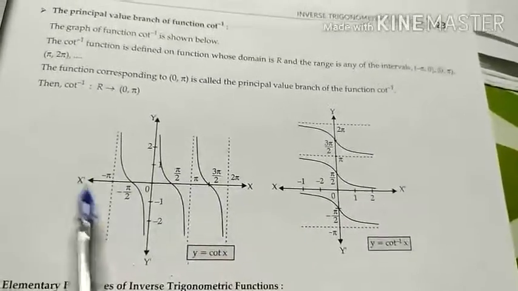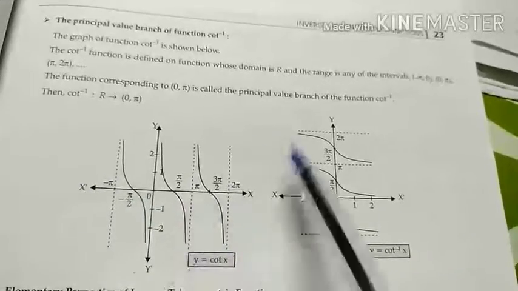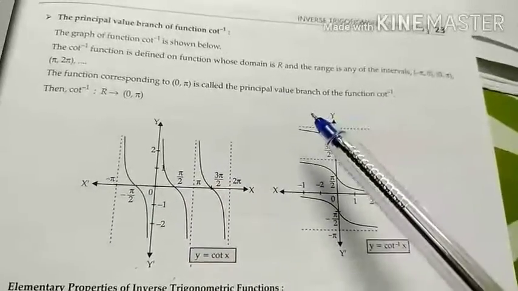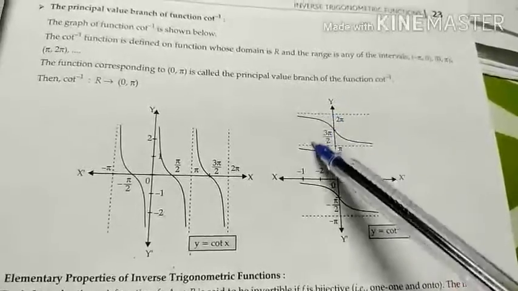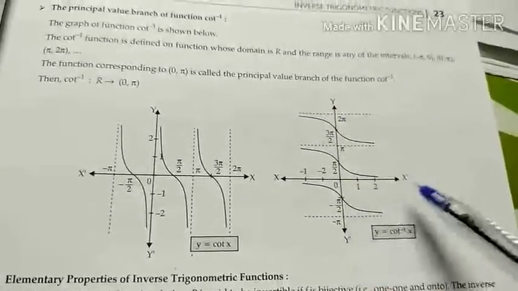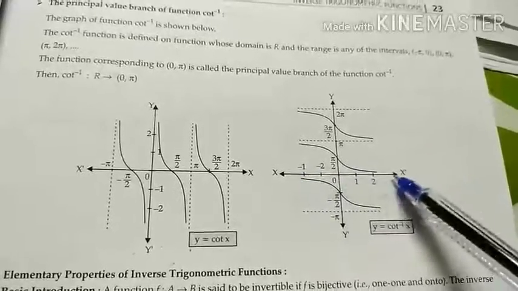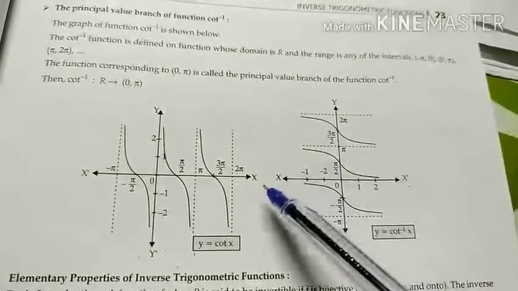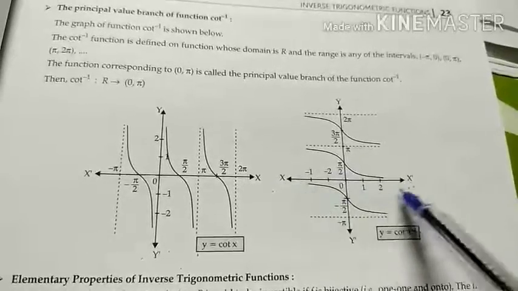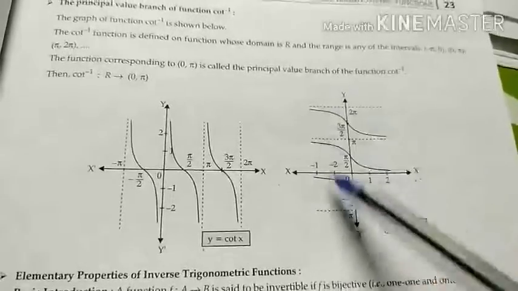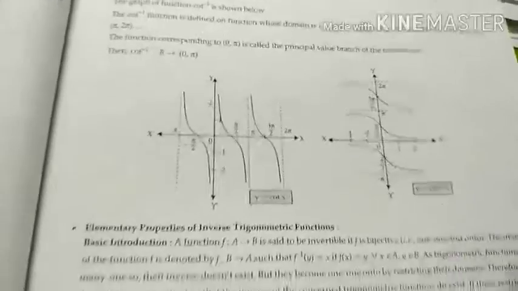Here for cot x the independent value is the angle, and the range is infinity, meaning all real numbers. Here also in cot inverse x, all angles become the range, and the domain is minus infinity to infinity. Here negative values, here positive values. So that becomes the domain. These are the domain, and the output is in the form of the angle in cot inverse x.